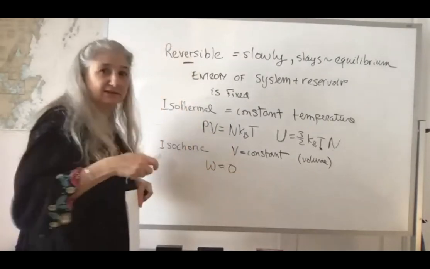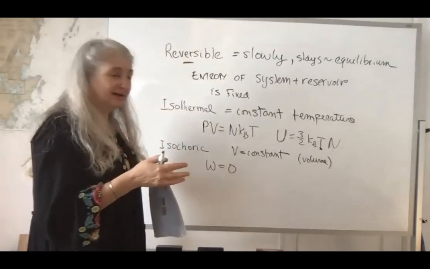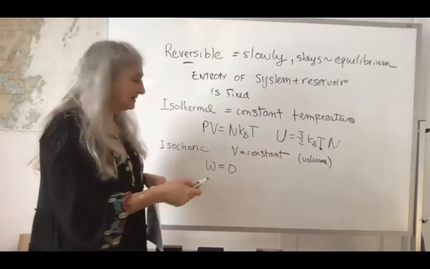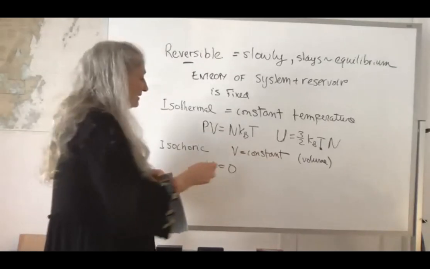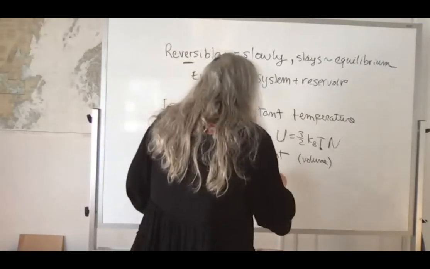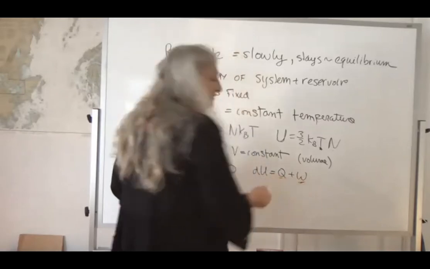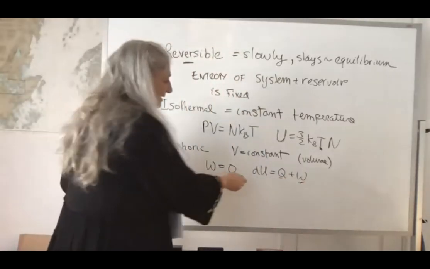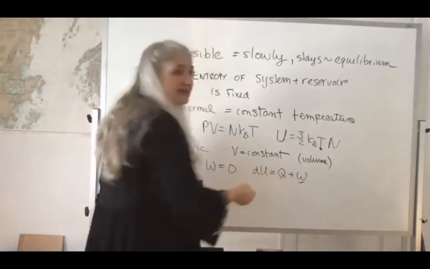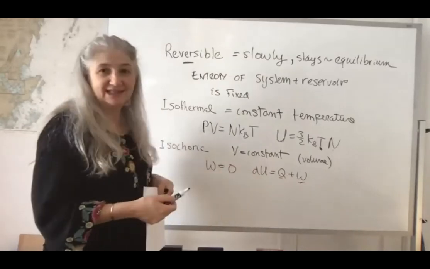So if I do an operation on some system that's a gas, and I make the volume constant, then I'm not doing any work on it. But I could change its energy, because dU is Q plus W, and if W is 0, then dU is Q. So isochoric operations mean that I'm just exchanging heat, and the amount of heat exchanged gives me the energy change.